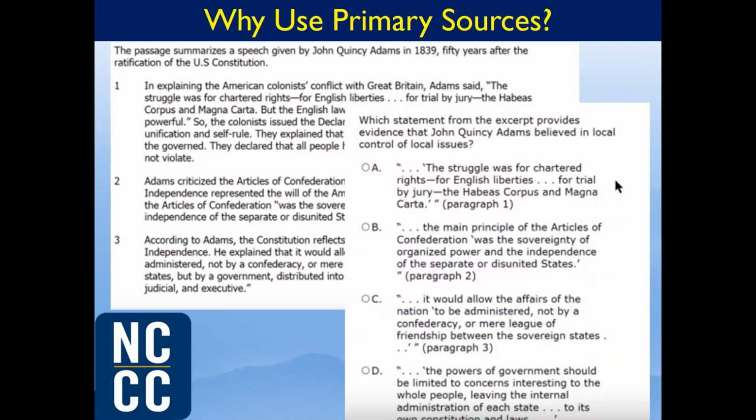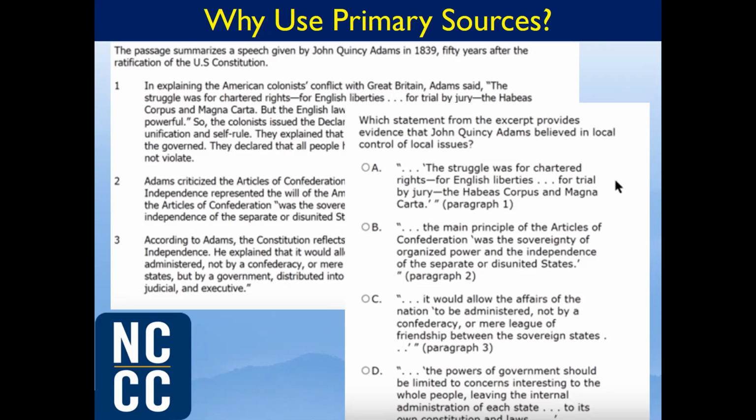And then we've got this question that says, which statement from the excerpt, or in other words, this portion of the speech, gives evidence that John Quincy Adams believed in local control of local issues? So this particular question is all about the primary source. We're reading the speech from John Quincy Adams, and we are trying to decide exactly what it means and what evidence from that supports the statement that he believed in local control of local issues.